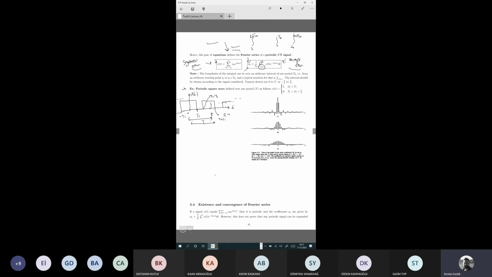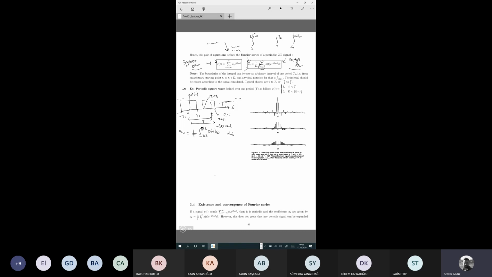So how should I find the Fourier series coefficients? First one is a0. a0 is simple to calculate. So a0 is simply 1 over T, integral from minus T over 2 up to T over 2, x of t, e to the power minus j, for k I will put 0, omega 0 t dt.